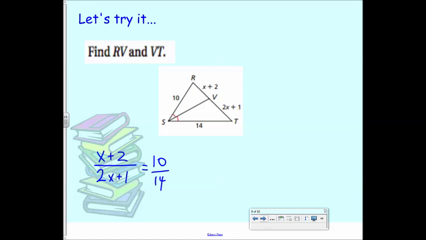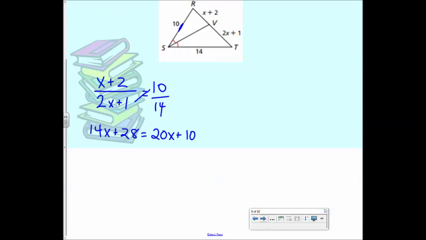All right, now how would you do this? Distribute. So you end up with what when you multiply these two? 14x plus 28 equals 20x plus 10. Good. Now what? Am I going to have to factor here? No. How do you know that I don't have to factor? Yeah, you can get rid of the x's. There's no x squared. So then what are we going to do?